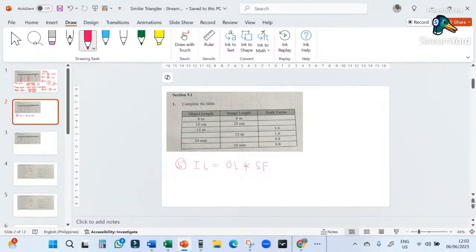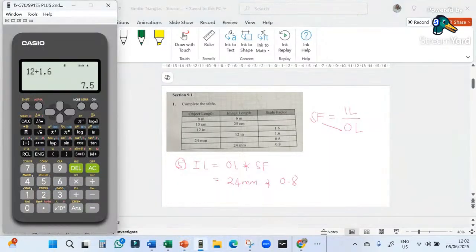Because what was the formula again? The scale factor is equal to image length over object length. So you just multiply these two. Object length is 24 millimeters times scale factor of 0.8. So the answer will be 24 times 0.8, which gives us 19.2.